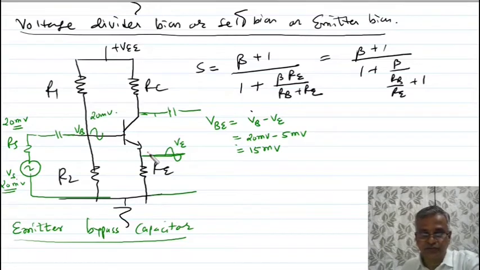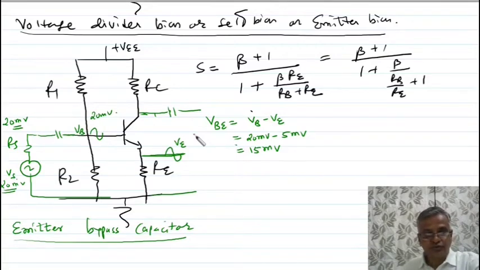The effect is negative, called negative AC feedback. Due to this feedback effect, output is reduced because input is reduced. Input becomes how much? 15. Actually it should be 20. But due to this voltage developed across RE, your input voltage decreases. So output decreases. So you are getting a loss in gain.